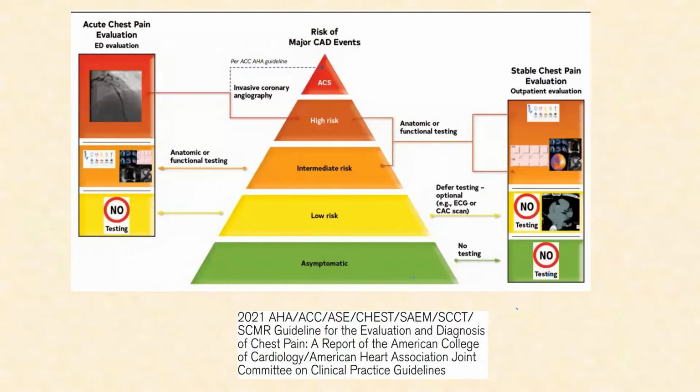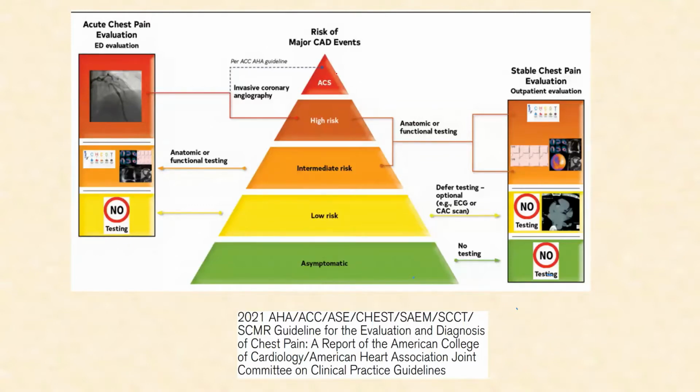Now, you might be confronted with a patient with chest pain either at OPD or the emergency department, but the approach is more or less similar. You try to categorize or stratify your patient into low risk, intermediate risk, high risk, or acute coronary syndrome.